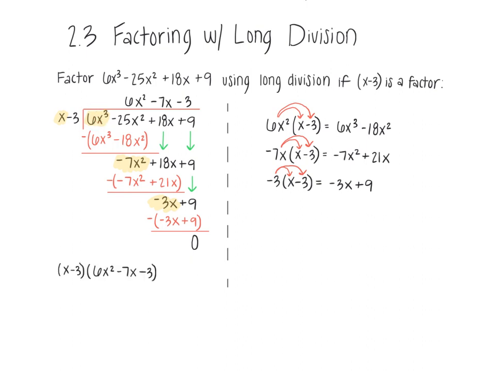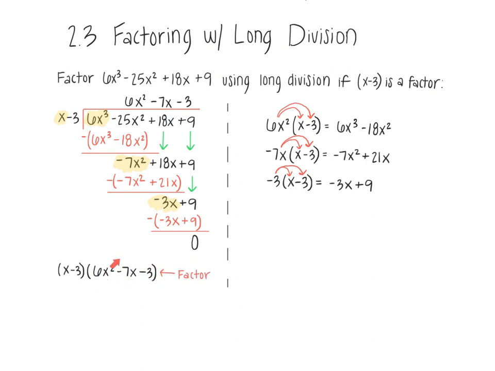So what we know so far is that x minus 3 is a factor of this equation, and now 6x squared minus 7x minus 3 is also a factor of this equation. So to finish this problem, we now have to factor this into smaller factors.